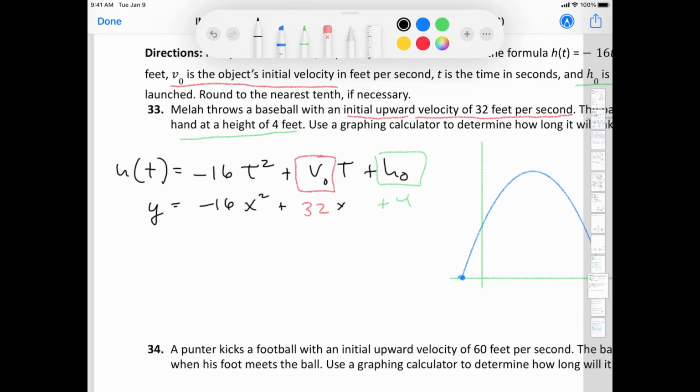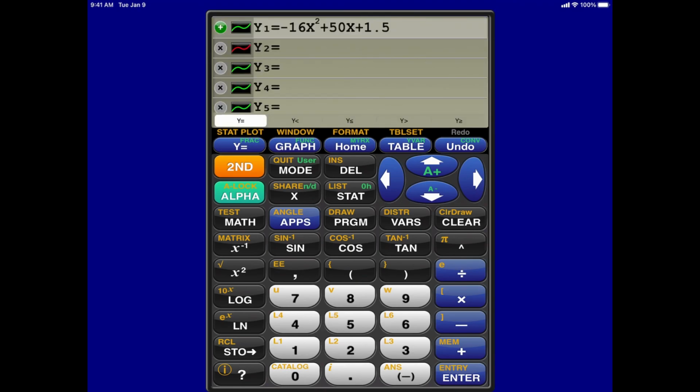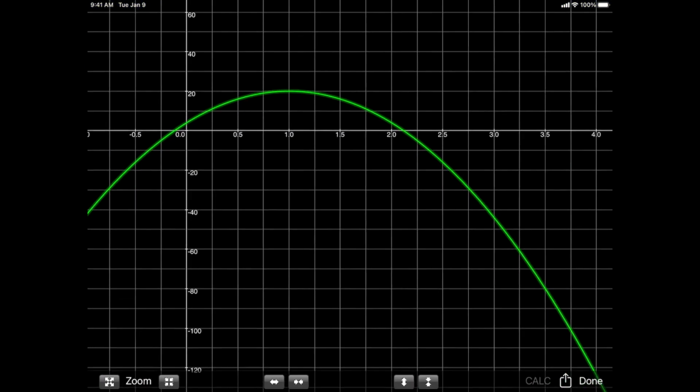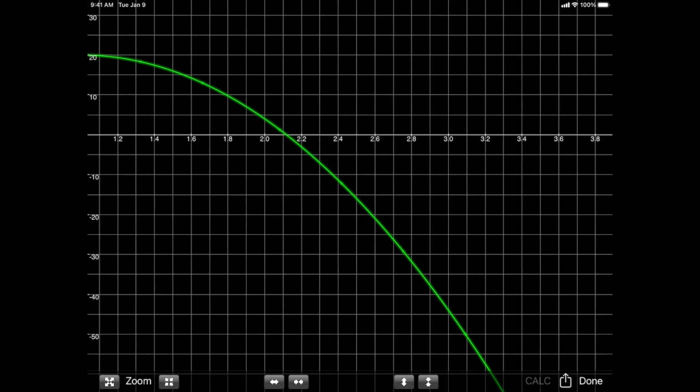And that's the one I'm going to be putting into the calculator: negative 16x squared plus 32x plus 4. I'm just going to graph and give myself a visual.